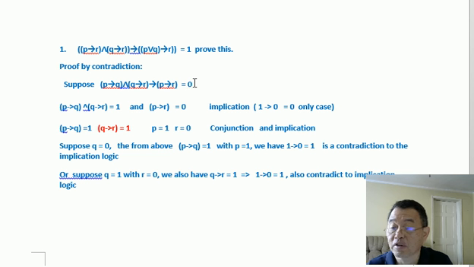If that is 0, there's only one row in the truth table: this is true, that is false. So you must go from the assumption to say only when this is true, which is the first part, and then that is 0 and that is false. So from here you immediately logically derive these two.